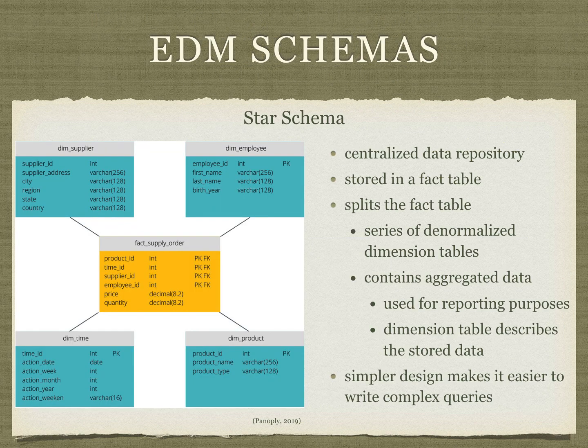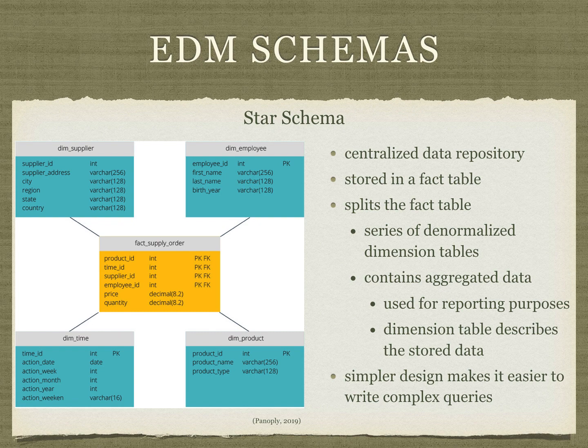EDM schemas. The first one is the star schema. As you can see to the left of this slide is a visualization illustrating an example of the star schema. The star schema is a centralized data repository. It is stored in a fact table.